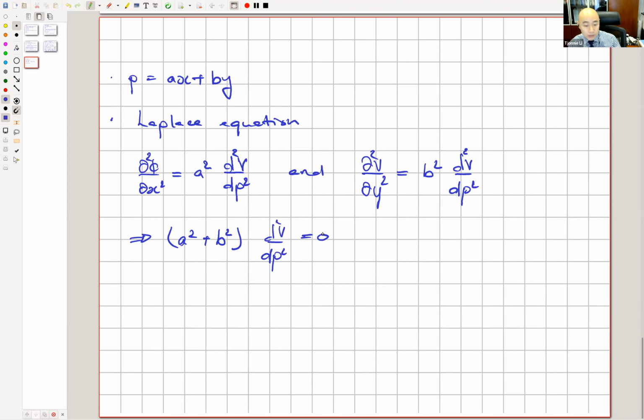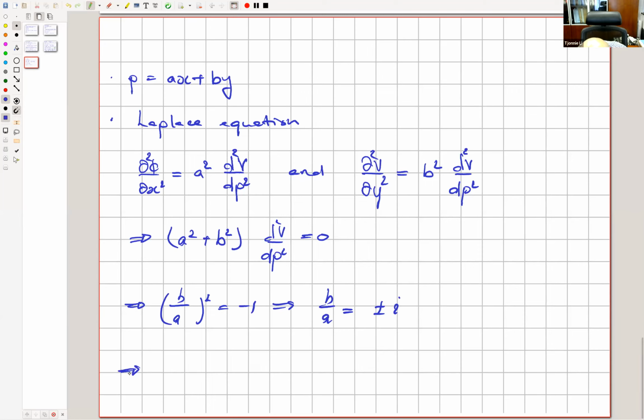And this is something that we can solve, because assuming that d phi dp is not generally 0, I have to have whatever is in the bracket equal to 0. Or in other words, I need to have that b over a squared equals minus 1, or b over a equals plus or minus i.